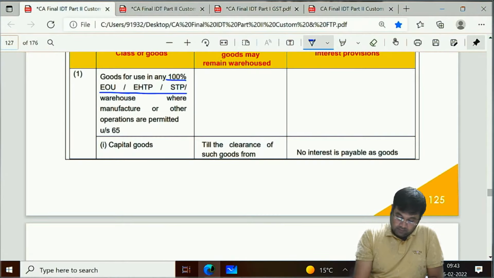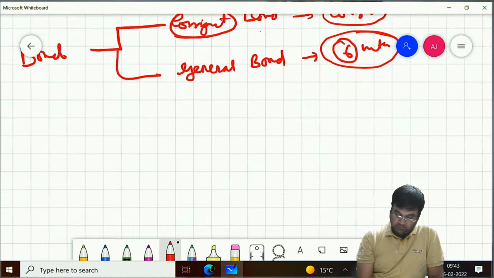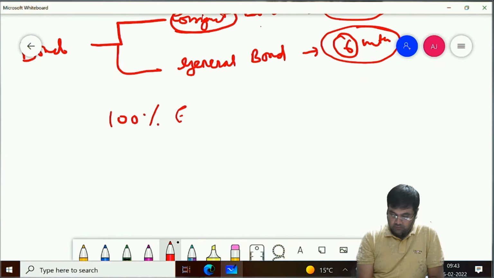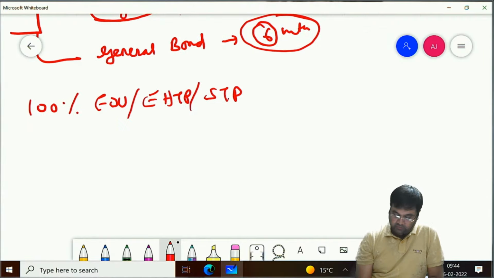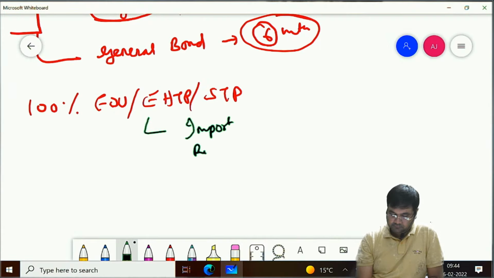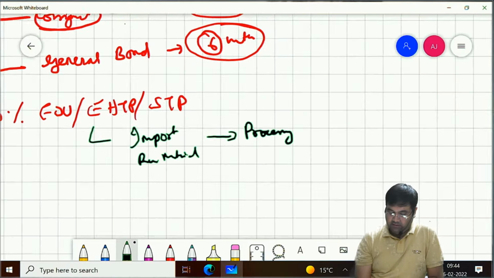So 100% EOU, ESTP, STP normally, what they do, they are going to import the raw material, do the processing, and then they normally export.